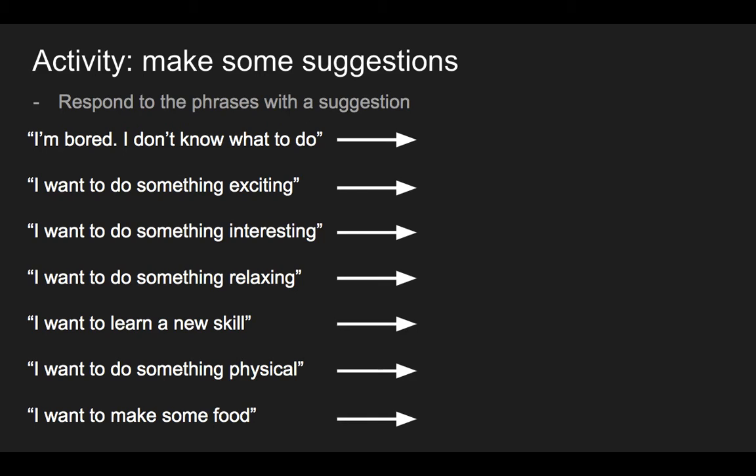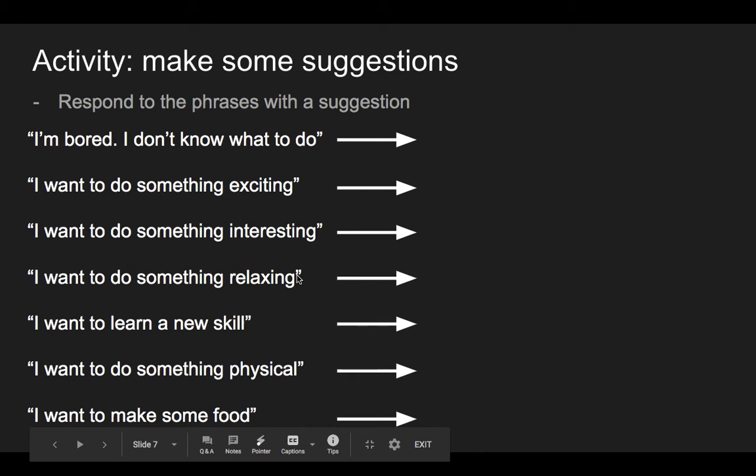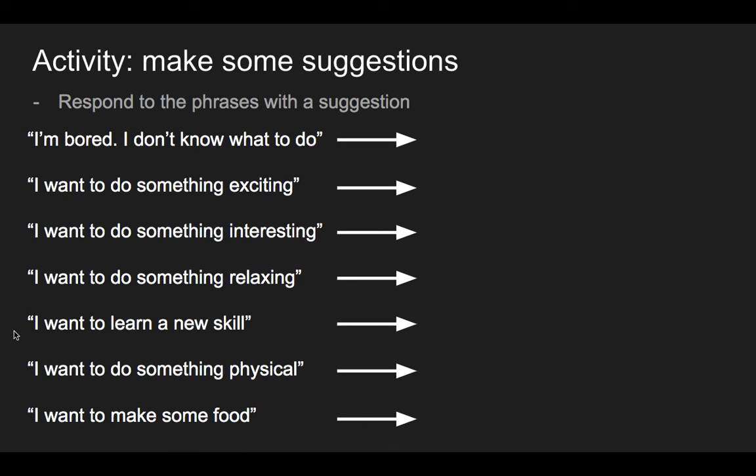So I'm bored, I don't know what to do. I want to do something exciting. So with your suggestion, you have to suggest something exciting. I want to do something interesting. I want to do something relaxing. I want to learn a new skill. You all know this word, skill? Habilidad. I want to do something physical. Or I want to make some food.